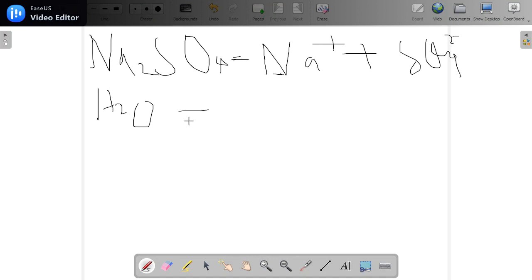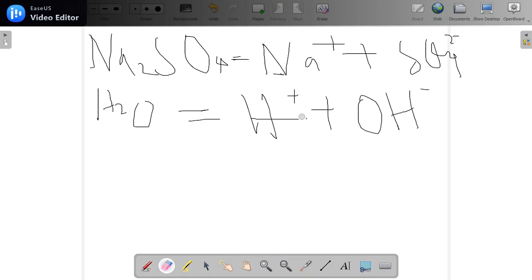And for water, H2O gives the hydrogen ion plus the hydroxide ion.